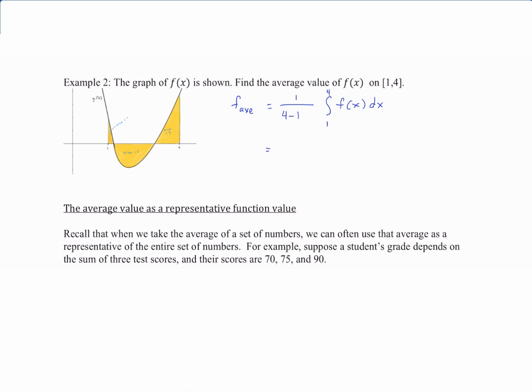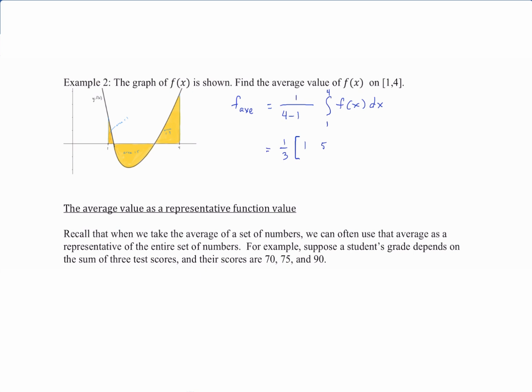Now, we don't have a formula for f, but we're given the areas above and below the x-axis between 1 and 4. And remember, the definite integral from 1 to 4 will give us the cumulative area going from 1 to 4. First, we have an area above the x-axis of 1. Then we have an area below the x-axis of 5.